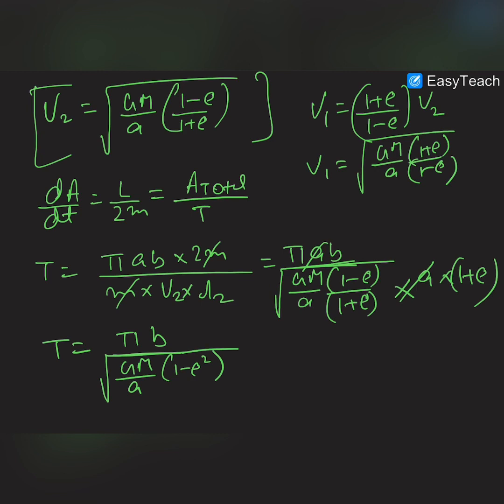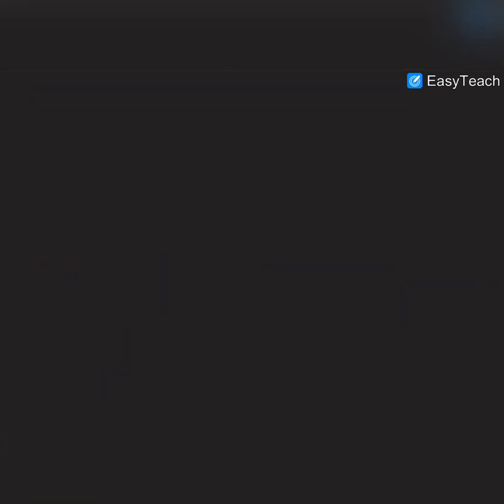Okay, and you know that the eccentricity of an ellipse is equal to under root of 1 minus square of semi-minor axis upon square of semi-major axis. So you can see that e square is equal to 1 minus b square by a square.